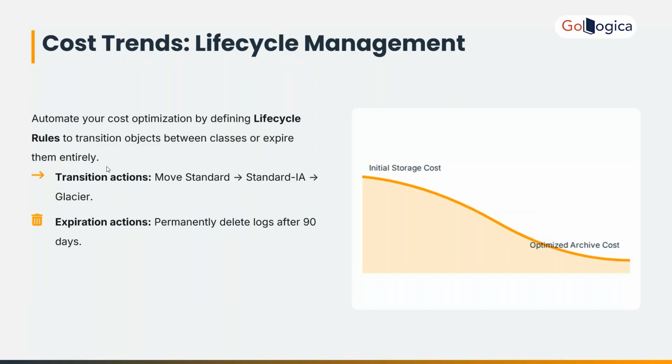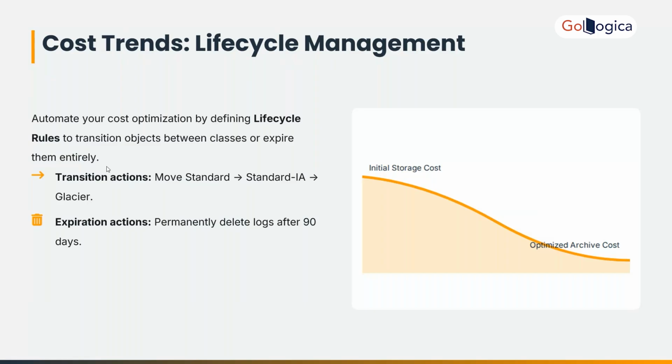Here we can write a rule about what we want to do with the data after a number of days. Maybe after 30 days I want to move it to infrequent access. Maybe after 90 days I want to move my data to the Glacier class. I can set that life cycle rule for my data.